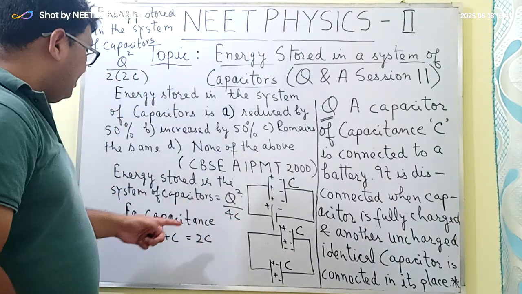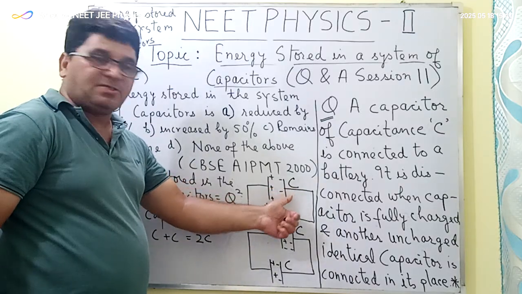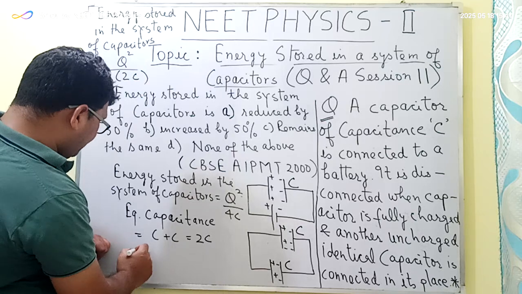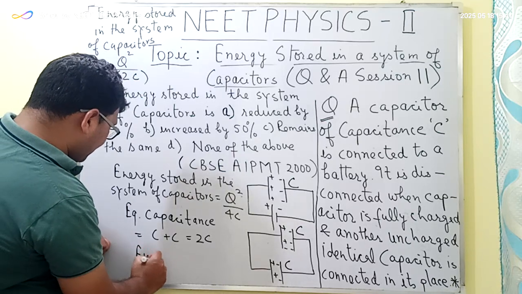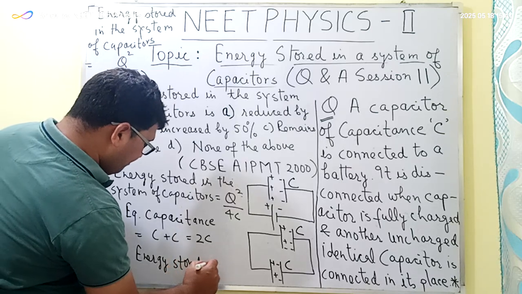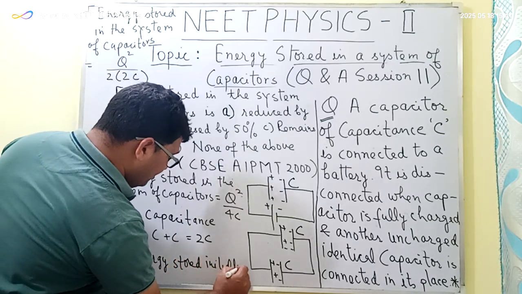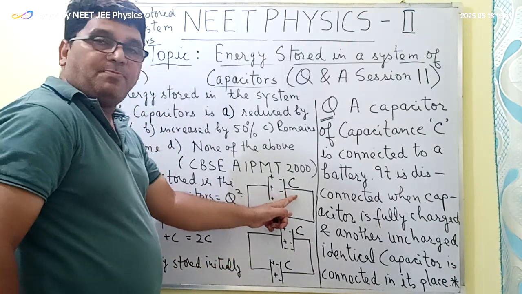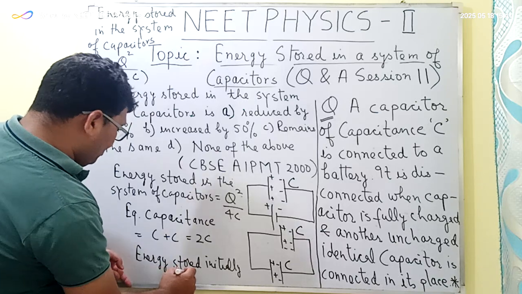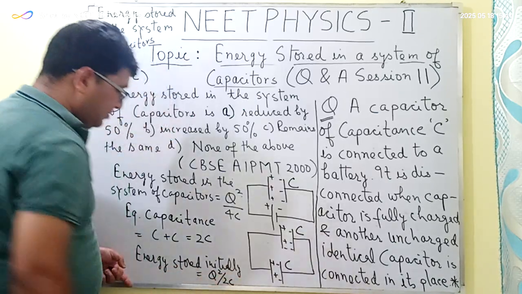Now from here we can see the energy stored in the first case, or we can say initially, the energy stored in this capacitor when it was connected to the battery, is equal to Q square divided by 2C.